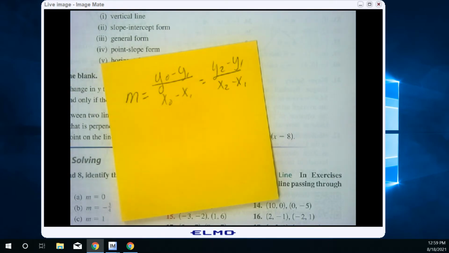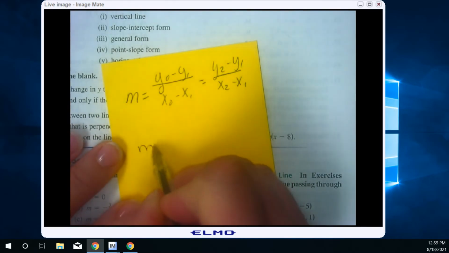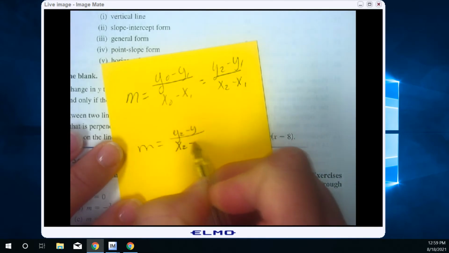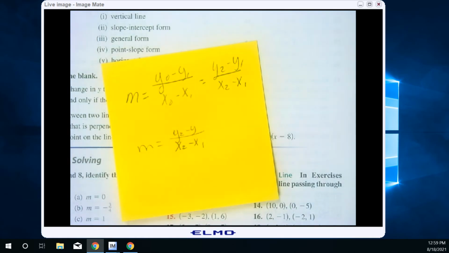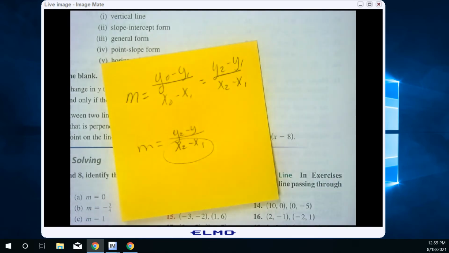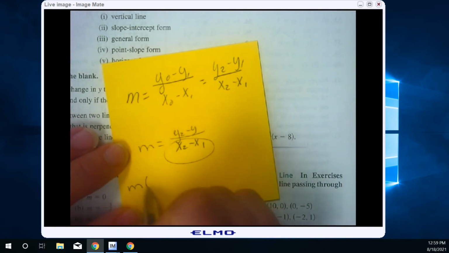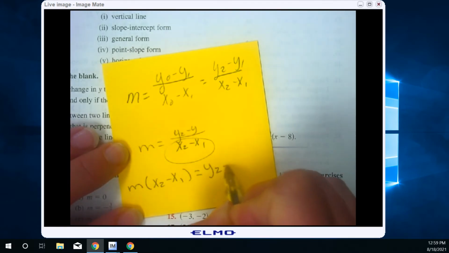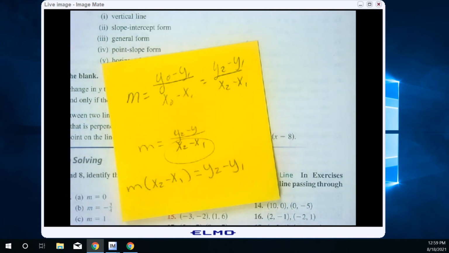Okay, so now if I have this equation, m is equal to the change in my y values over the change in my x values, and I wanted to solve for y, how do I get rid of this stuff? So m times x2 minus x1 equals y2 minus y1.